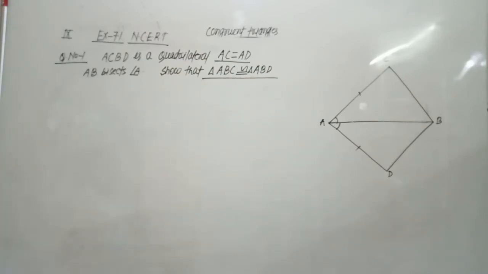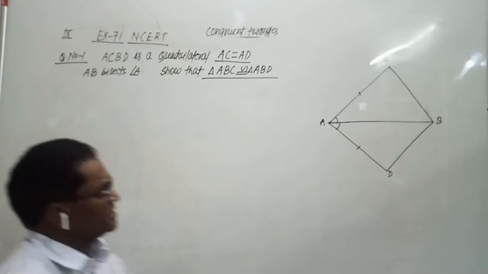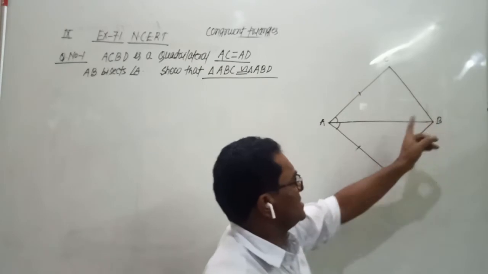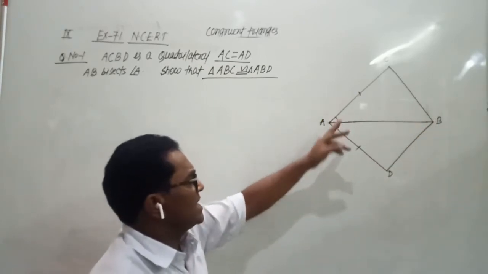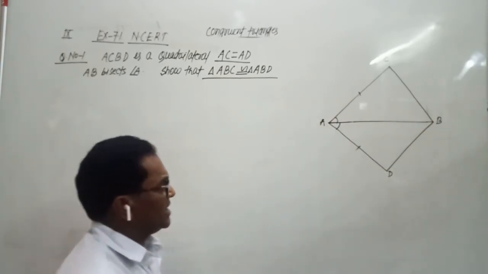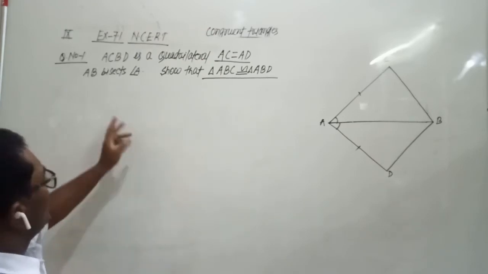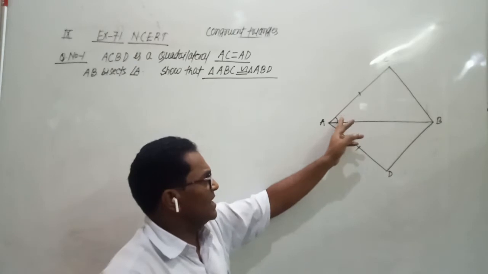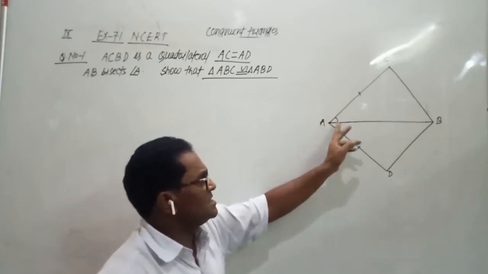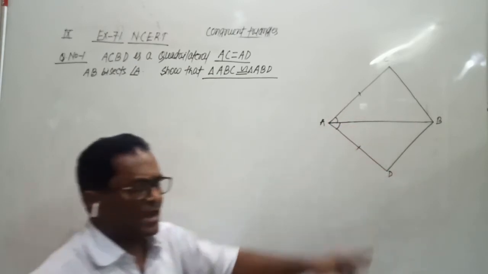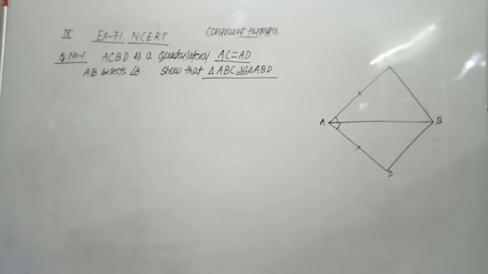So we are given a quadrilateral ACBD in which side AC equals AD and AB bisects angle A, meaning angle CAD equals angle DAB. Then we have to prove that triangle ABC is congruent to triangle ABD.